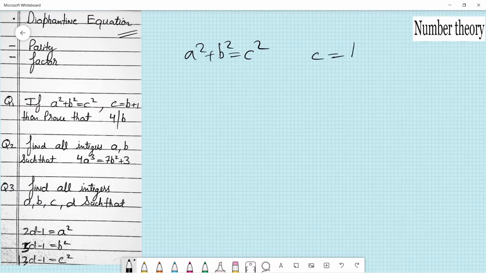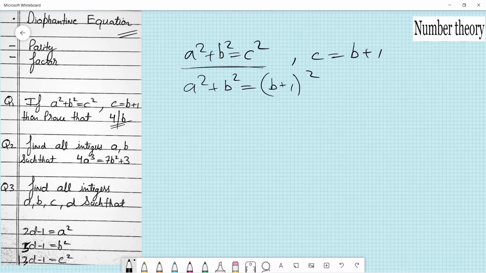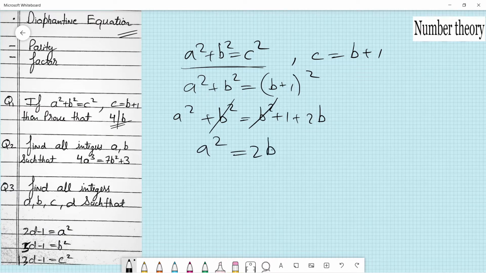Since we have to prove 4 divides b, let's eliminate c from this equation, as we don't care about c. c is b plus 1, so c can be written as b plus 1. Let's simplify this. We'll get here b square plus 1 plus 2b. We will cancel out b square by b square, and here it comes out to be a square equals 2b plus 1.